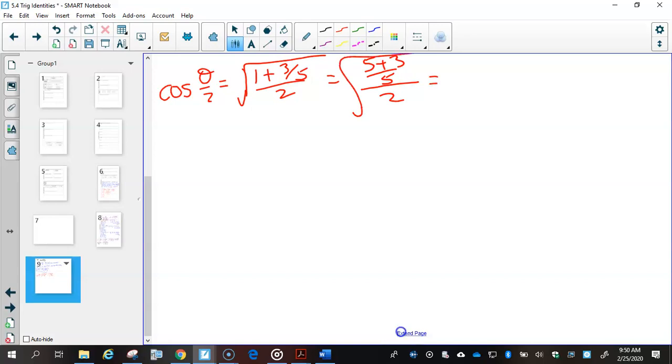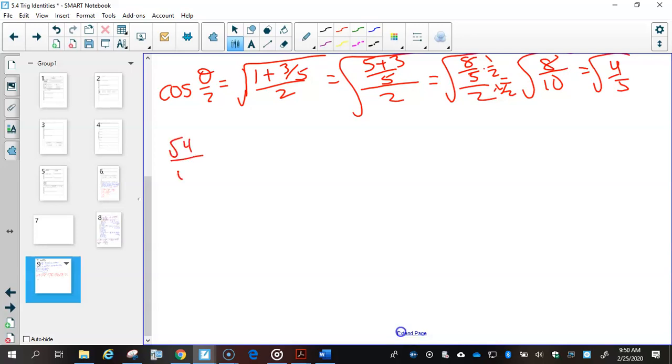Combine those. Simplified this entire thing so I didn't have fractions within fractions. Simplify that. Remember, your last step is to take the square root of both your numerator and your denominator. And then rationalize.